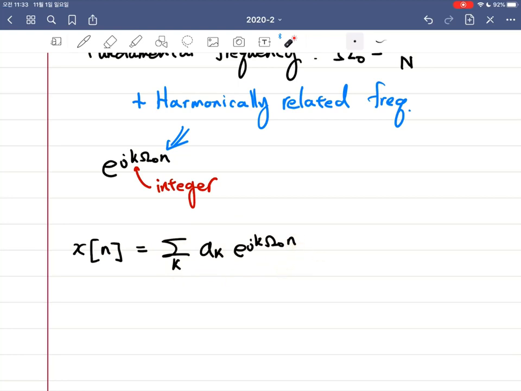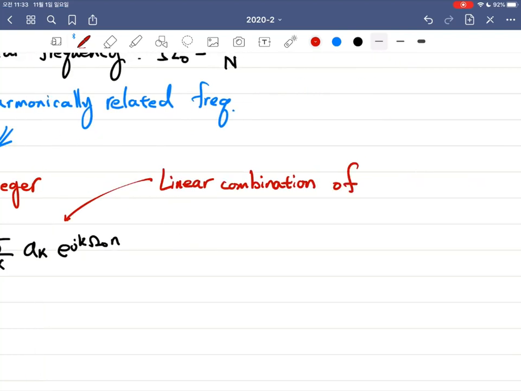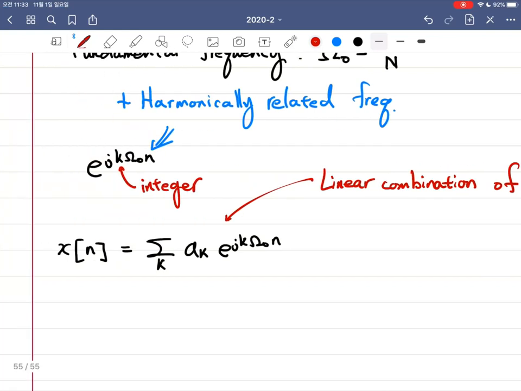Like here. So this equation represents the linear combination of this e to the j k large omega 0 n. And I will call this equation 8-1 because we are in chapter 8.